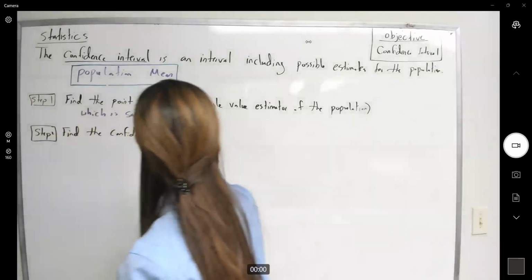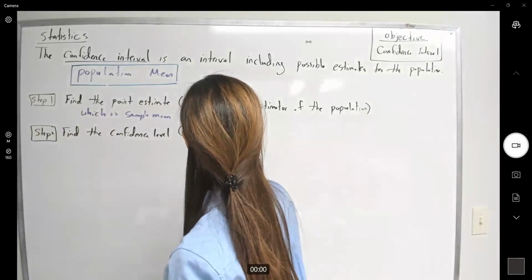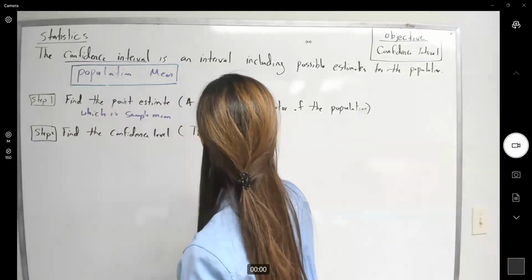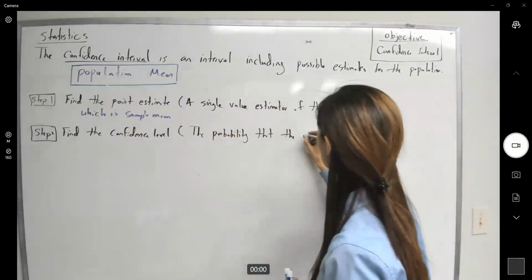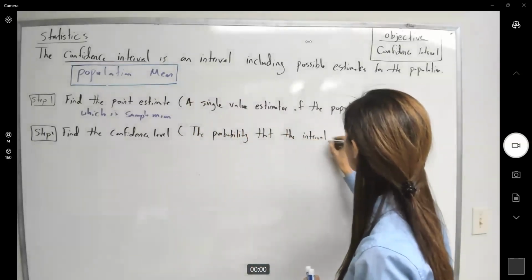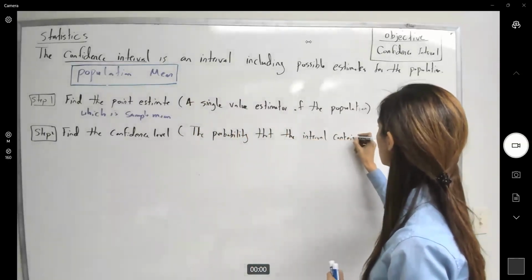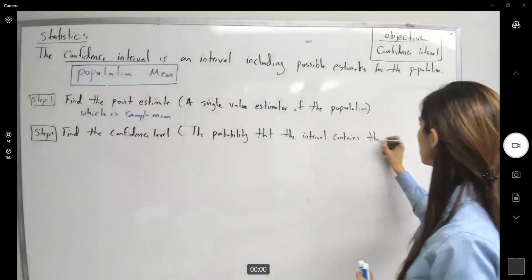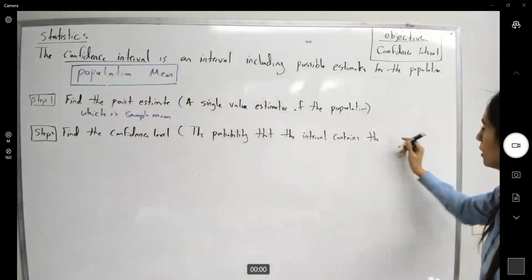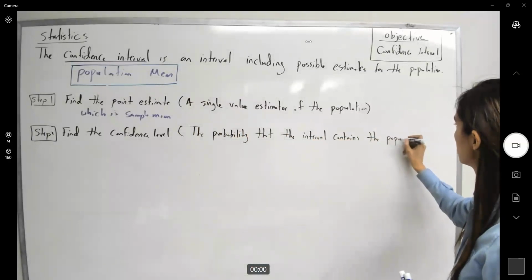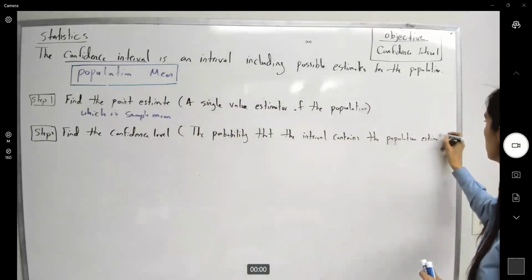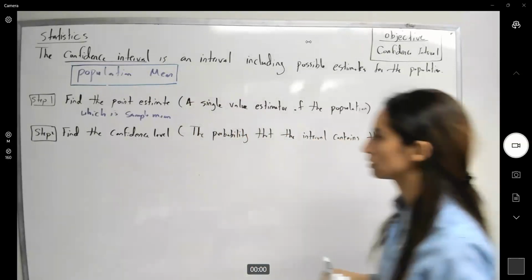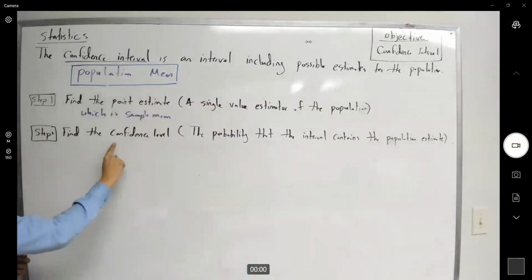The probability that the interval contains the population estimate. That's the definition of confidence level.